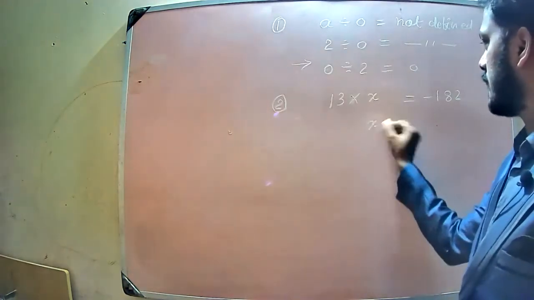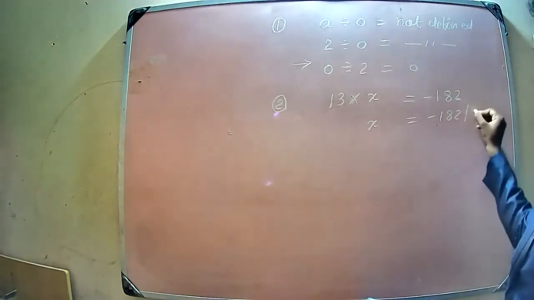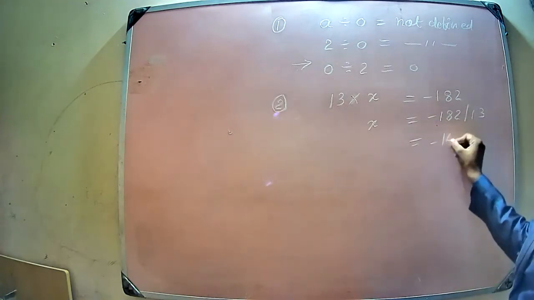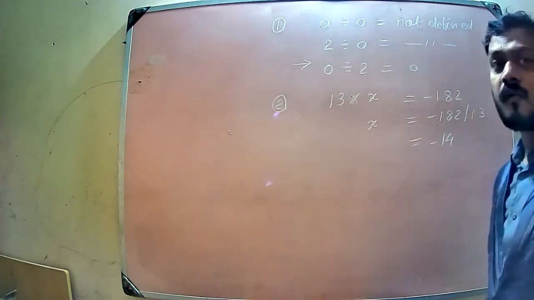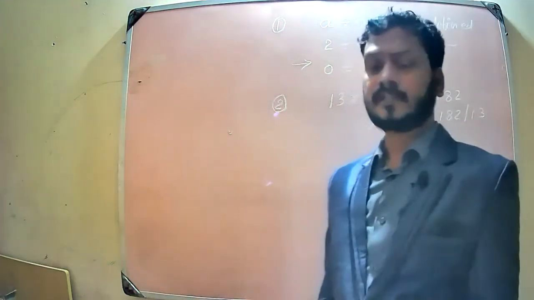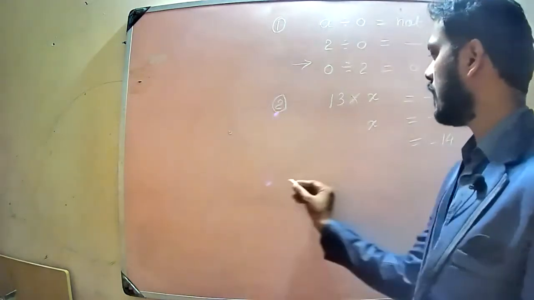After simplification we divide minus 182 by 13. So that becomes minus 14. What is the purpose of these questions? With the help of these questions, everyone can check their division properties of integers.